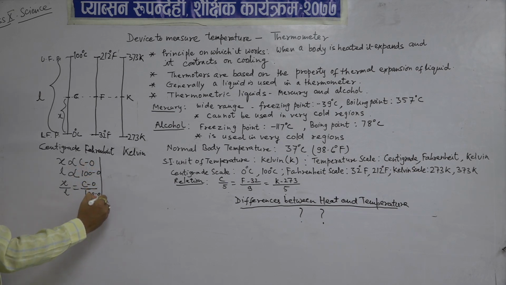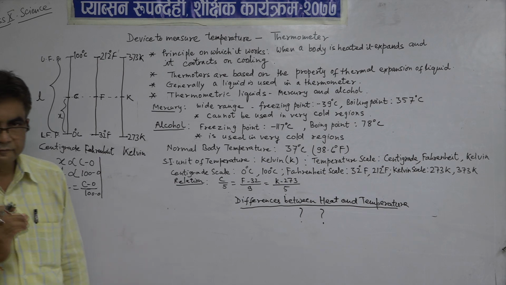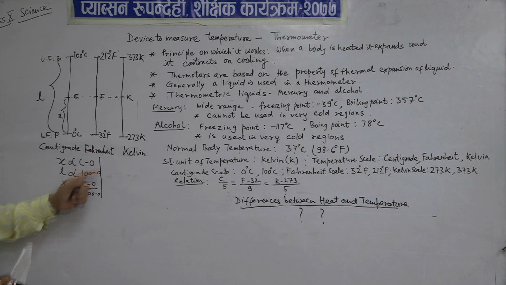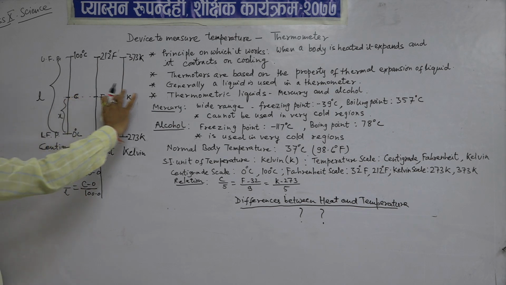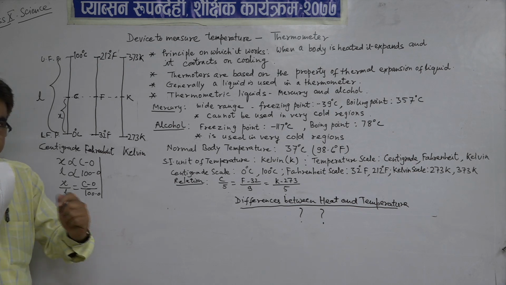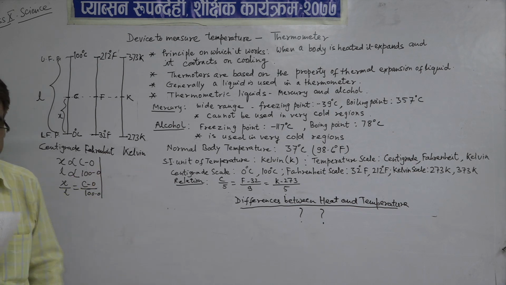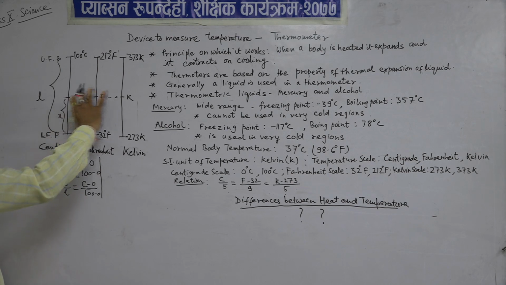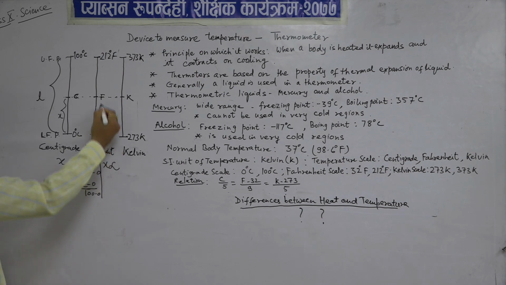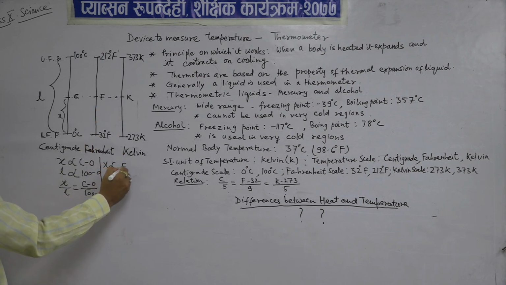Similarly, think for another scale, that is Fahrenheit. This is the same x, because we are going to find the relation between these different scales. What will x be here now? F minus 32.